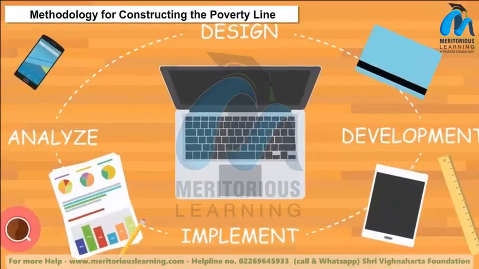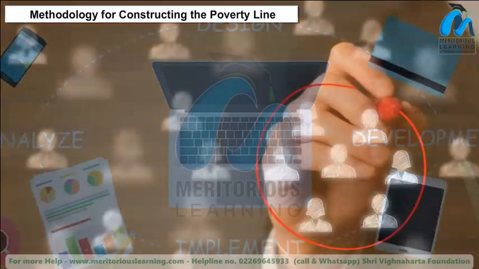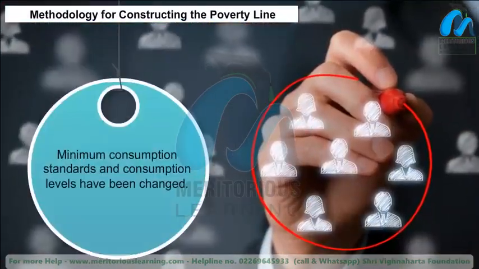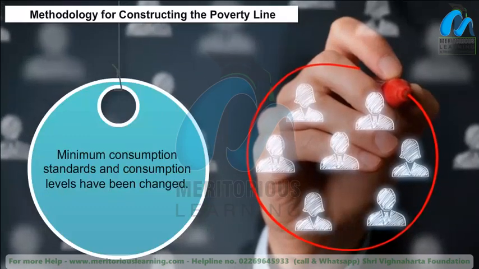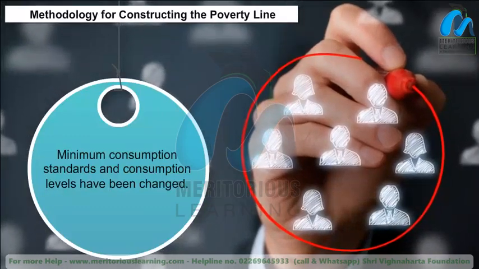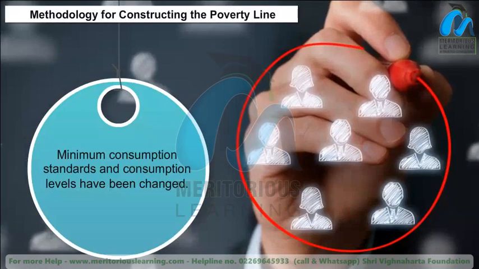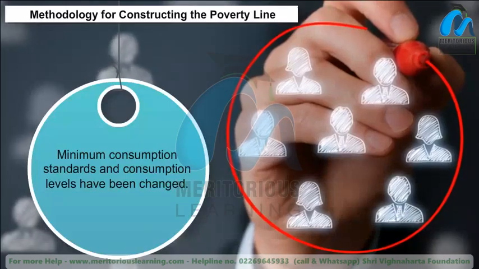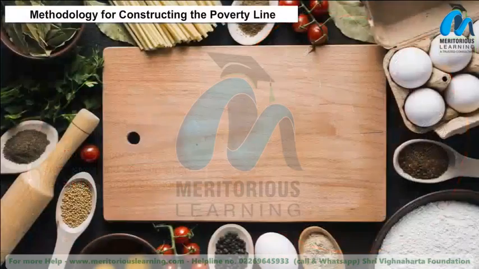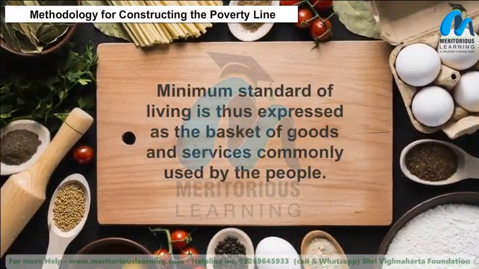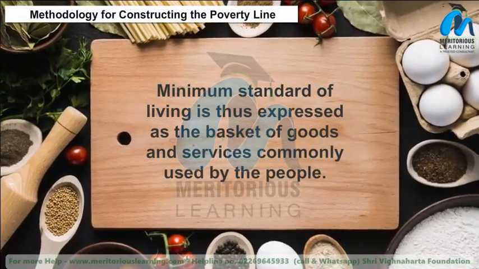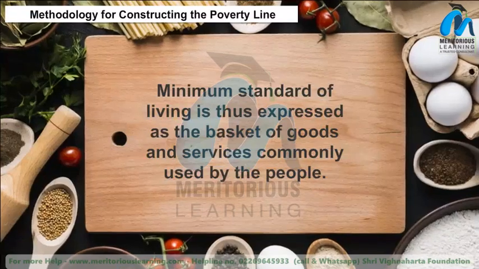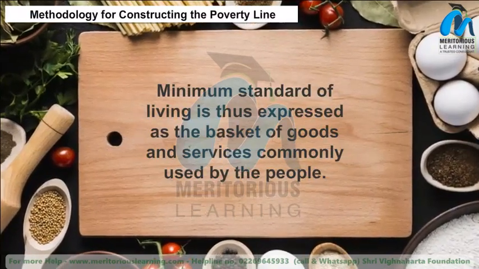Methodology for constructing the poverty line. The concept of minimum consumption standards and consumption levels has changed based upon the recommendations of various expert groups or task forces. Minimum standard of living is thus expressed as the basket of goods and services commonly used by the people.